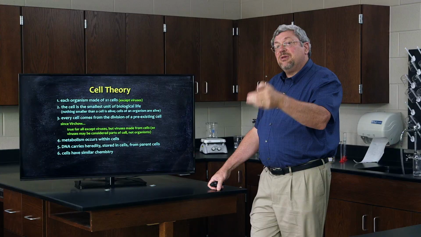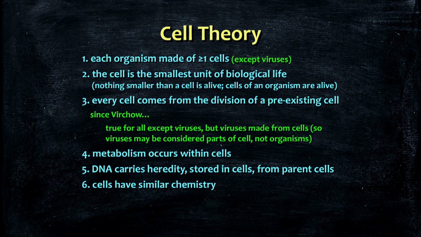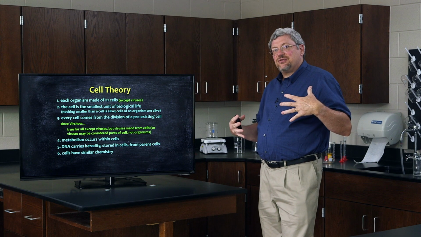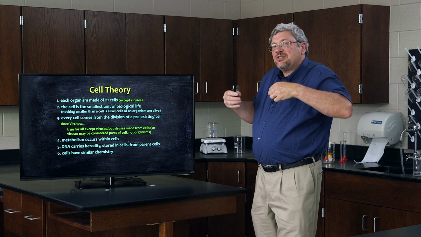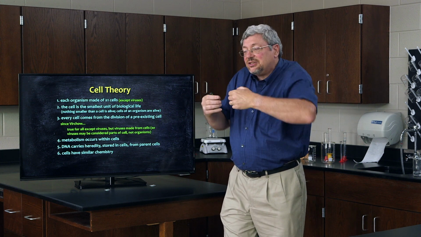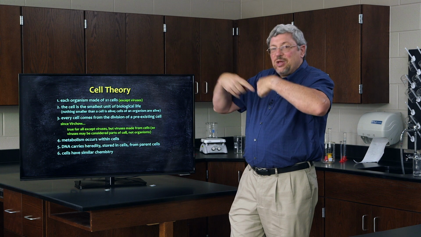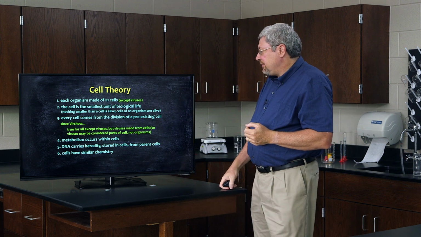Fourth, an organism's metabolism occurs only inside cells. Metabolism does not occur outside of cells. For example, we have trillions of cells, but the metabolism doesn't occur between our cells. Our metabolism occurs within our cells.